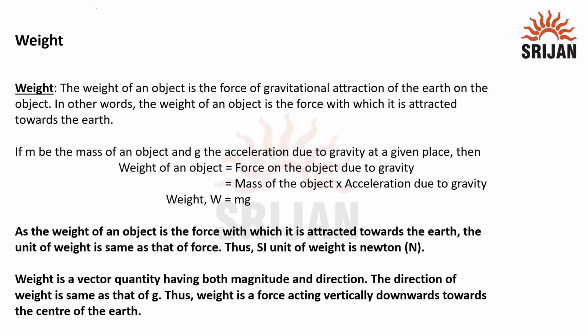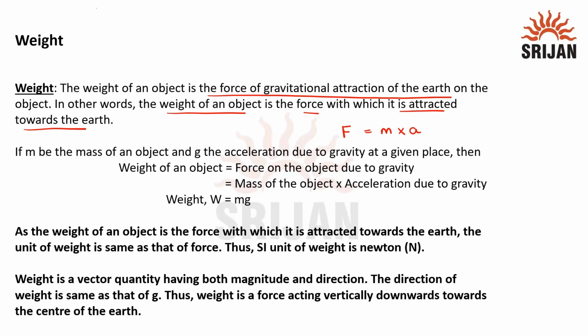Let us now discuss weight and see its definition. So what is weight? The weight of an object is the force of gravitational attraction of the Earth on the object. In other words, we can say that the weight of an object is the force with which it is attracted towards the Earth. We know that force is equal to mass multiplied by acceleration.